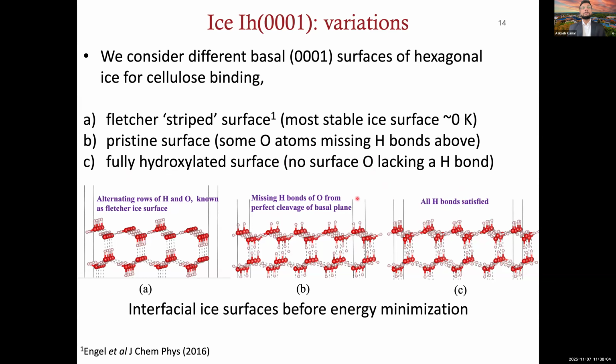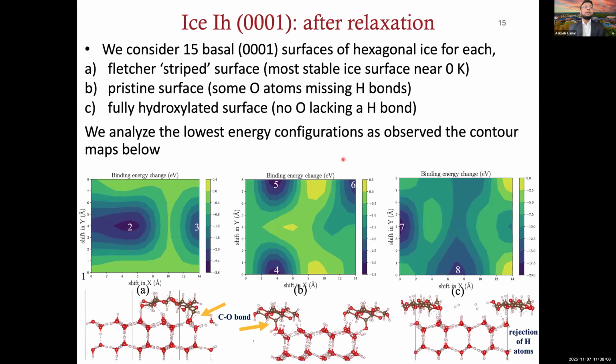And so these are the structures before the energy minimization. Then we also consider different translations, as I had shown in the formulation of our setup. So in total, we had 15 cases for each of these three different surfaces for the basal plane, right? And so we are able to obtain these energy maps, or contour maps, for these binding energies.